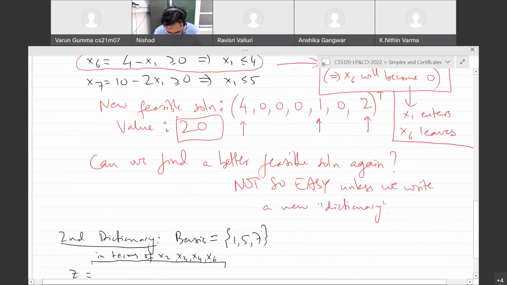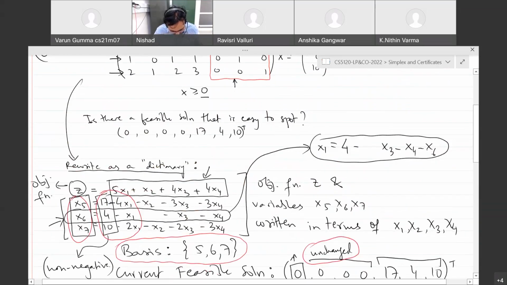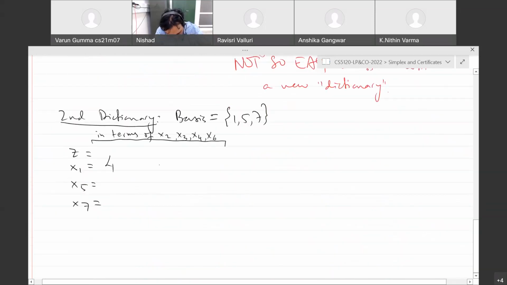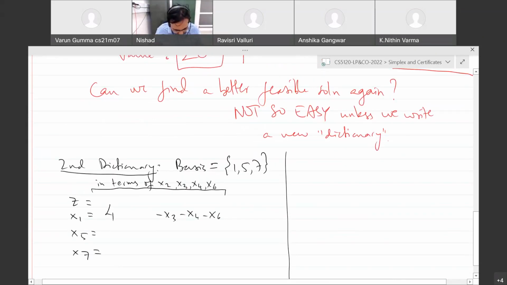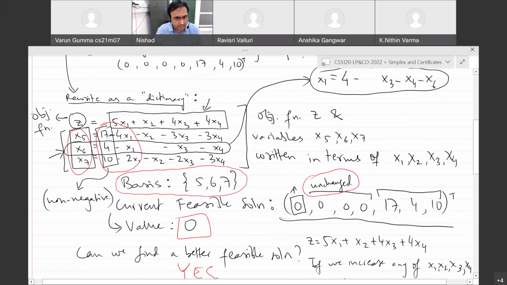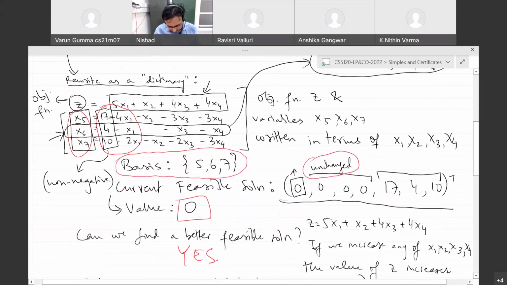So let's write down this equation. x1 is 4 minus x3 minus x4 minus x6. Okay. And now let's write down the others. I'm going to do the first one. Z was 5 times x1 plus x2 plus 4x3 plus 4x4.